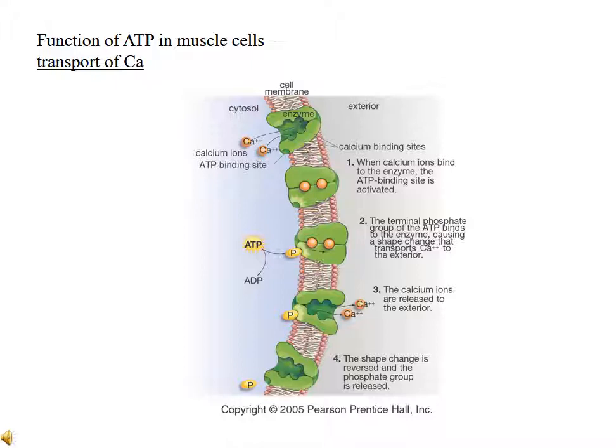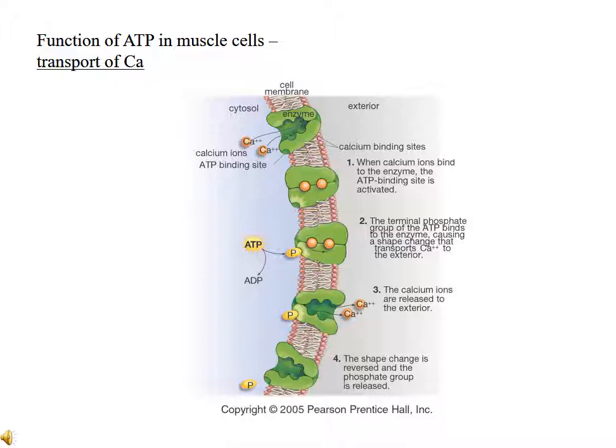The enzyme will now collapse. And when the enzyme collapses, it produces a site where ATP will bind. The ATP has energy, and this energy is transferred to the enzyme molecule, causing the enzyme molecule to open up and release the two calcium ions into the exterior of a cell.